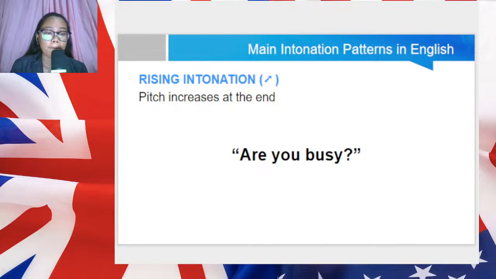So as you near the conclusion of your words, the sound of your voice goes upwards rather than downwards.